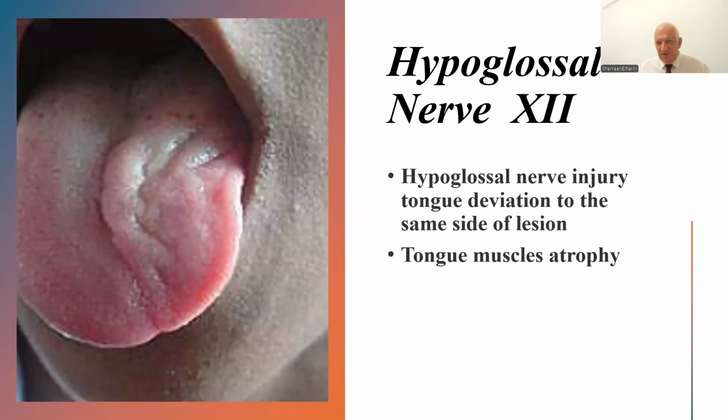It is important to know that all muscles of the tongue are supplied by the hypoglossal except one muscle, palatoglossus, supplied by the vagus. Glossopharyngeal supplies only one muscle, stylopharyngeus.